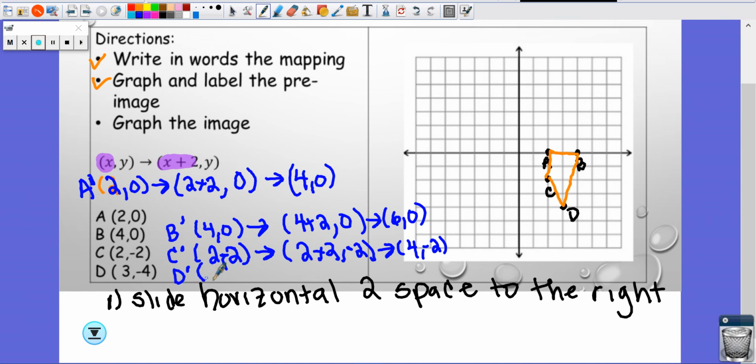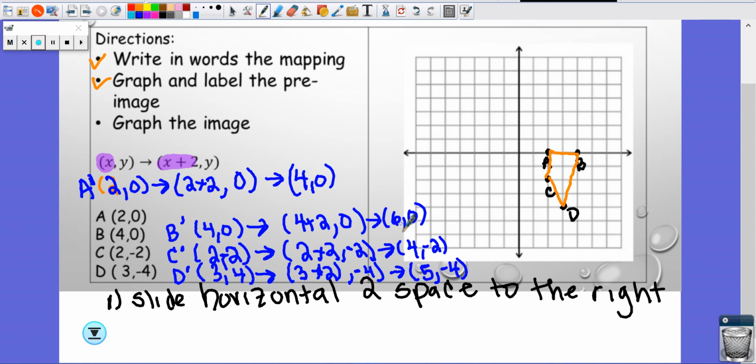And then D prime, the pre-image was 3, negative 4. So if I do 3 plus 2, and then the Y stays the same, so comma negative 4, then that breaks down to 5, negative 4.